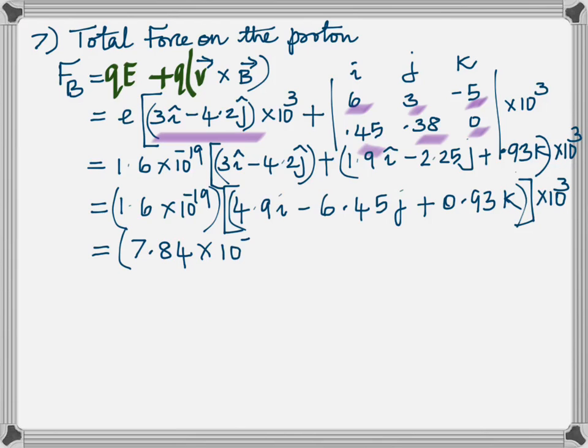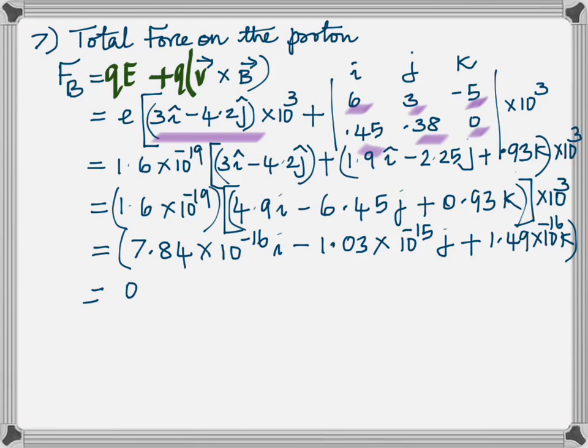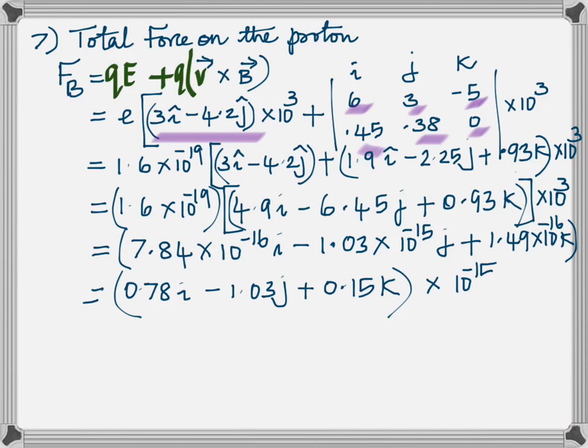Now, each term has to be multiplied with 1.6 times 10 to the negative 19, and you get this. So that is the force acting on the proton.